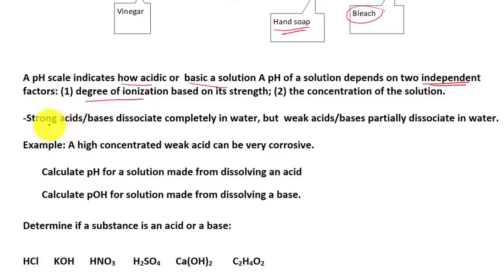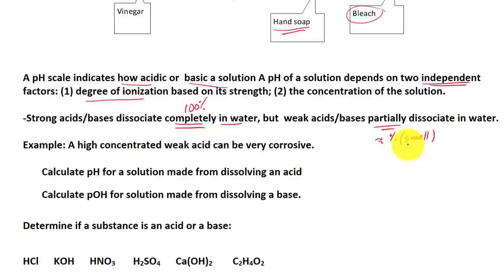As I mentioned before, strong acids and bases dissociate completely, meaning 100% in water, but weak bases or acids dissociate only partially, very small percentages, in water.